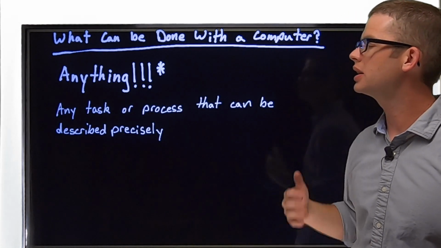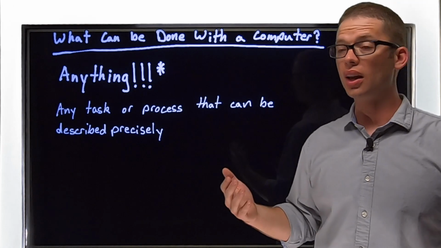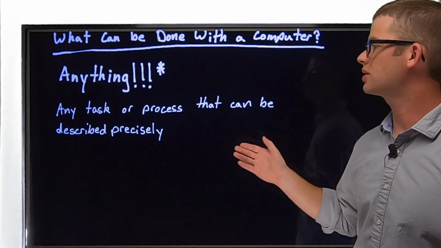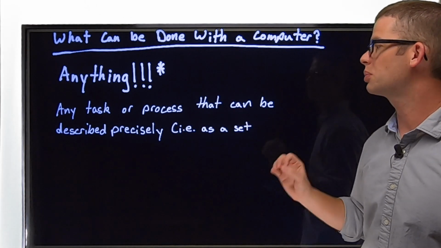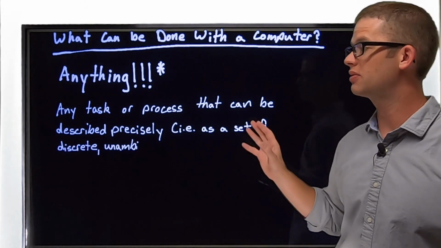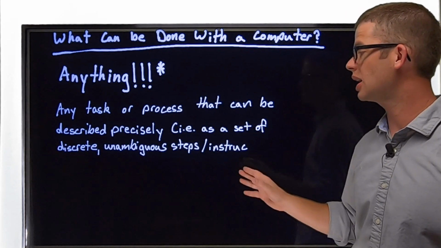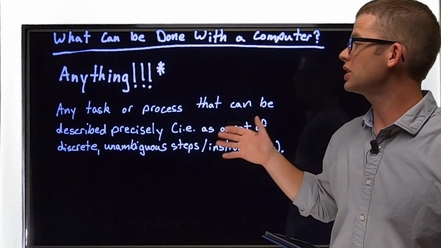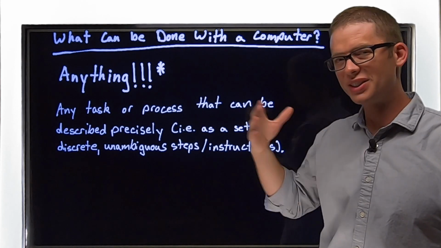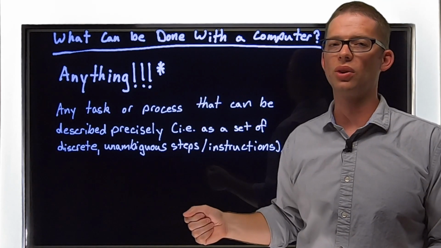Well, it turns out that we think that any task or process that can be described precisely, meaning any task or process that can be described as a set of discrete, unambiguous steps or instructions, we believe that such tasks can be performed by a computer.